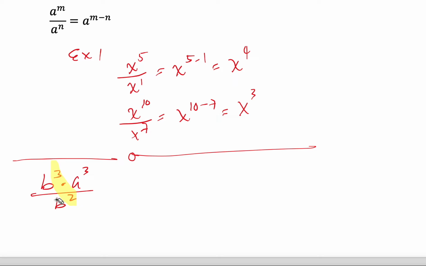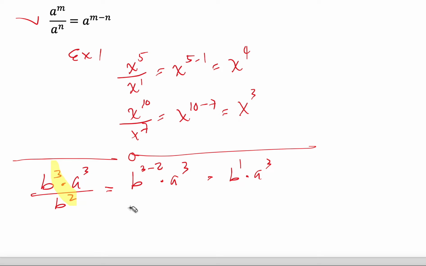Notice that b to the third and b to the second power are involved in division. And the division property says that I am allowed to subtract the exponents. So the answer here would be b to the 3 minus 2 times a to the third, which is equal to b to the first power times a to the third power. Okay? So you see how I can combine these properties in problems.